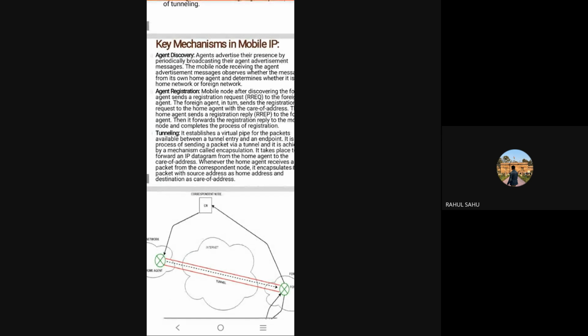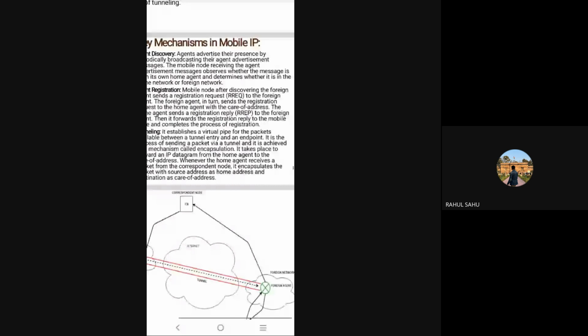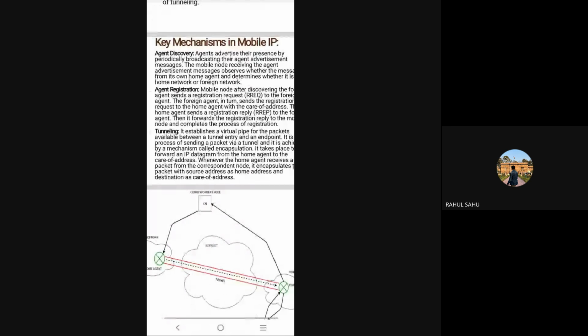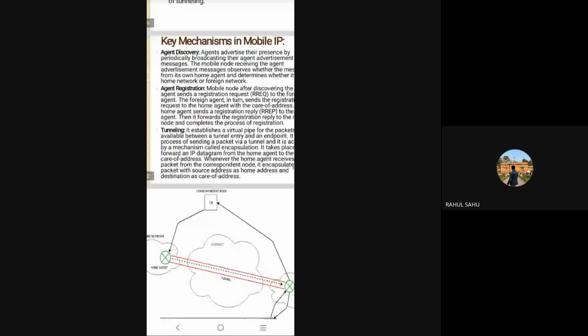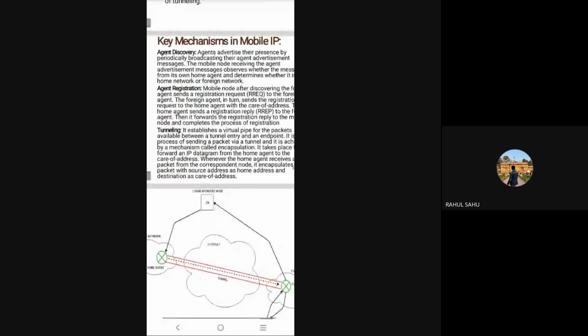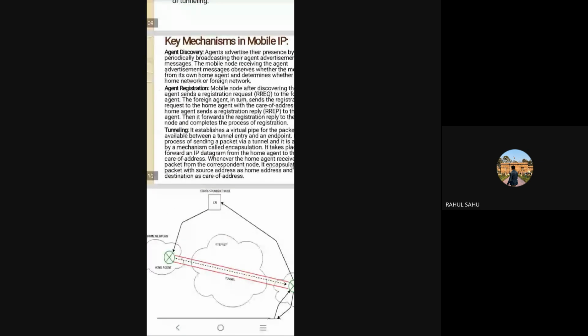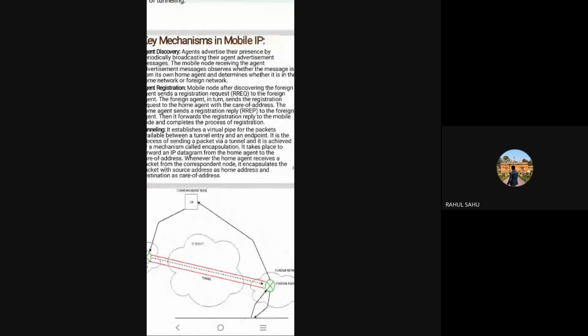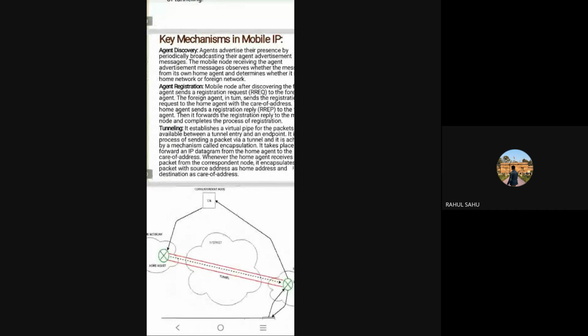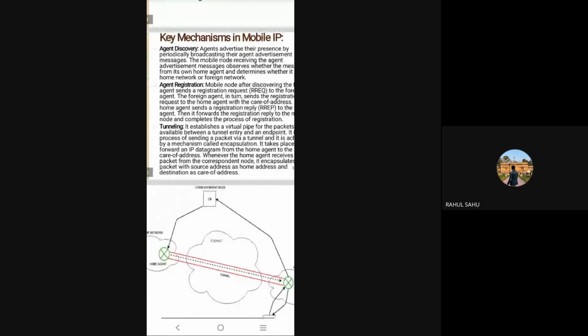It is the process of sending a packet via a tunnel, and it is achieved by a mechanism called encapsulation. Encapsulation takes place when forwarding an IP datagram from the home agent to the care of address, where the home agent receives a packet from the correspondent node. It encapsulates the packet with source address as the home address and destination as the care of address.